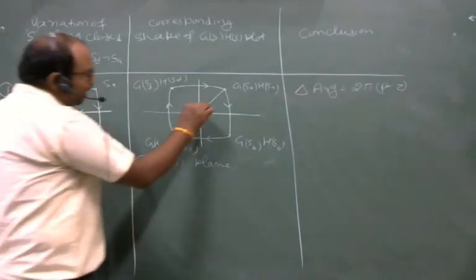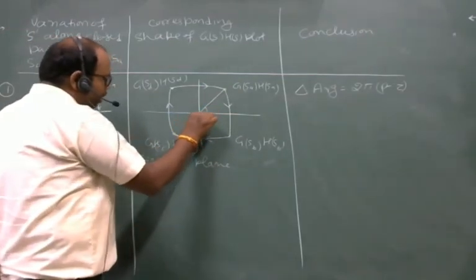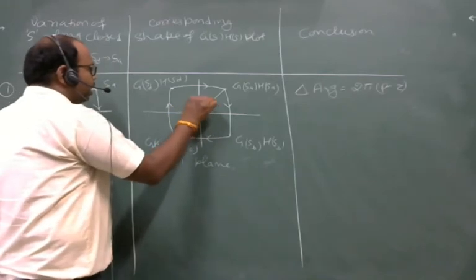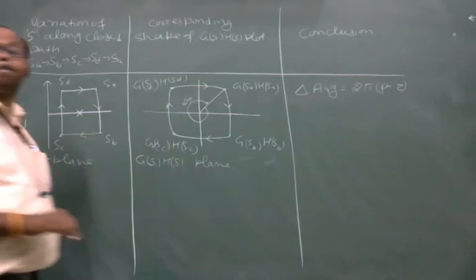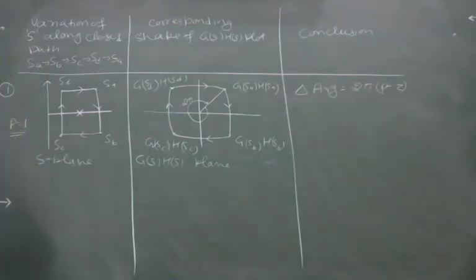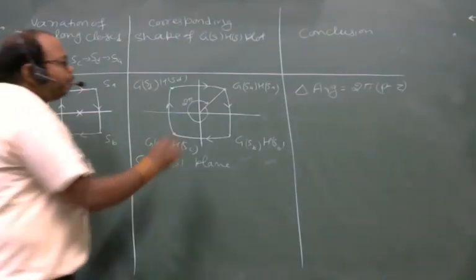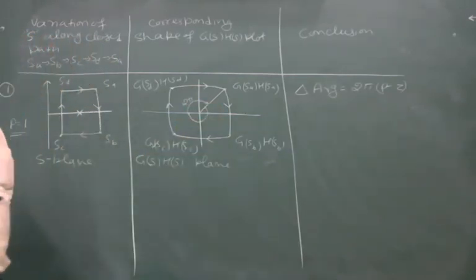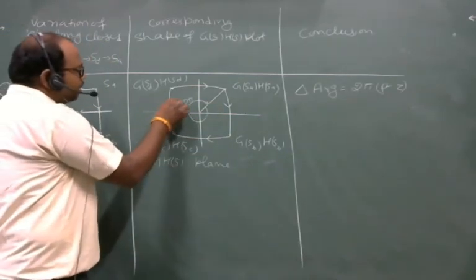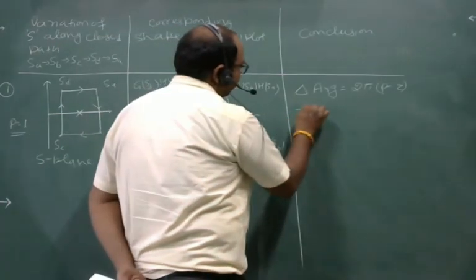The angle it is making is 2 pi, but since it is in the clockwise direction, the change in argument is minus 2 pi.